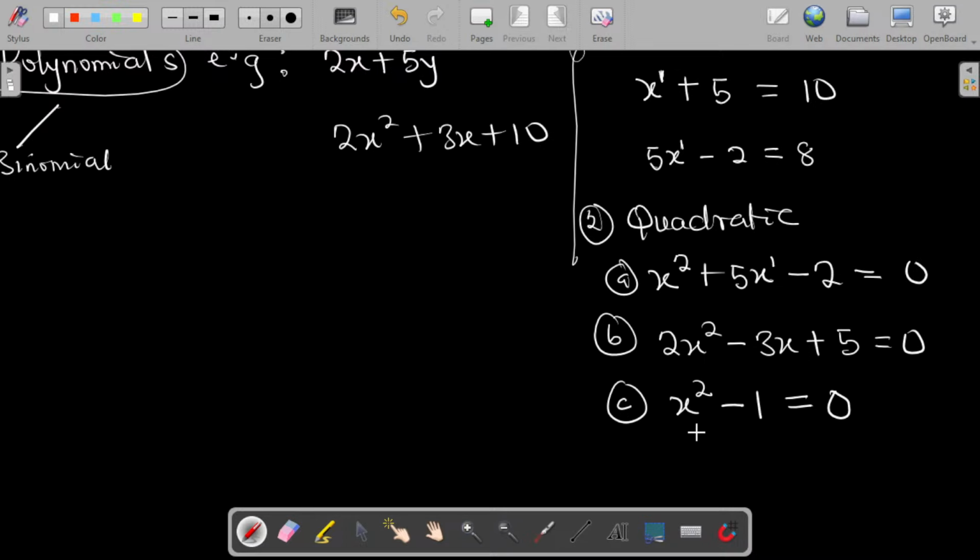Is x squared minus 1 a quadratic equation? Somebody says he's not following. Let me see your response. Yes or no? Is x squared minus 1 a quadratic equation?